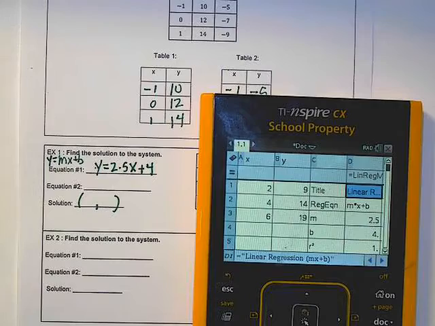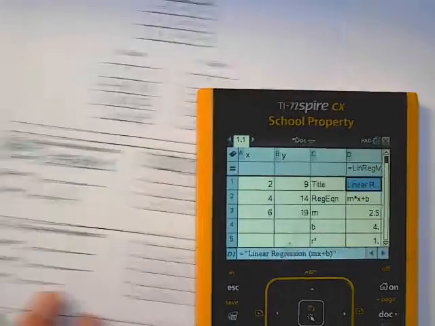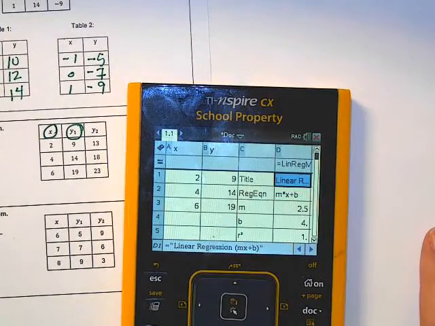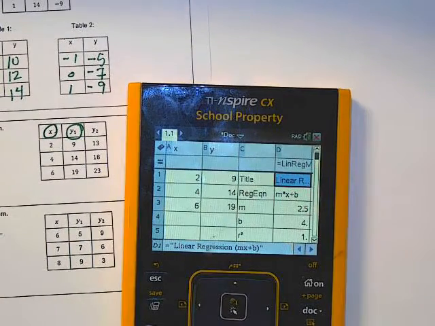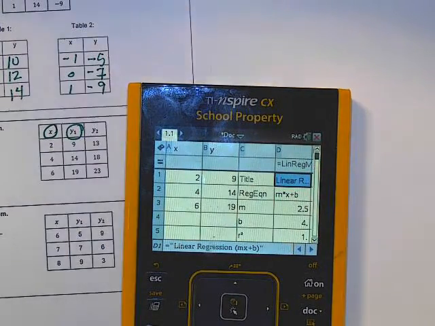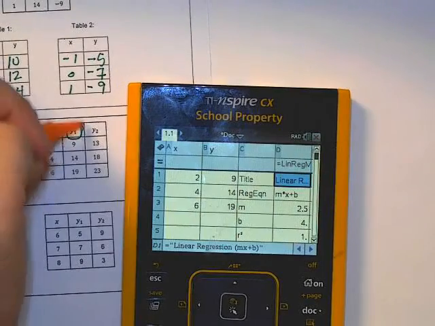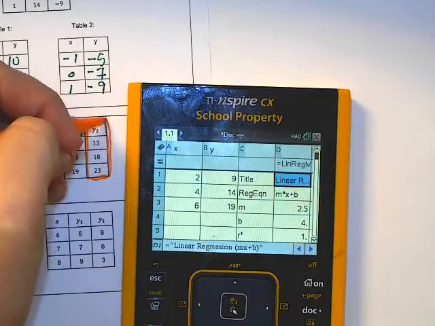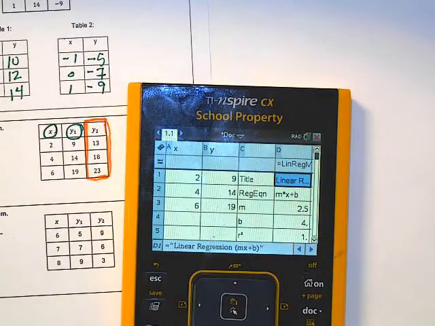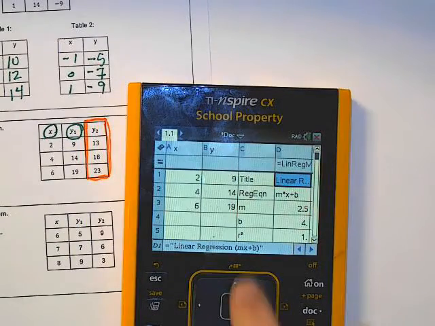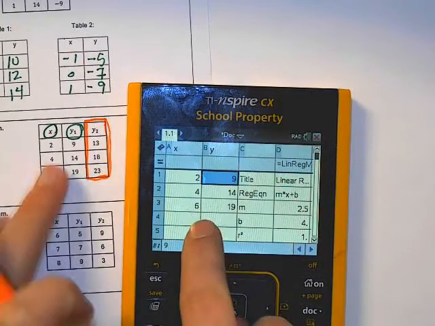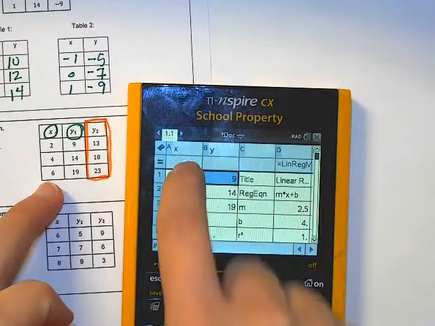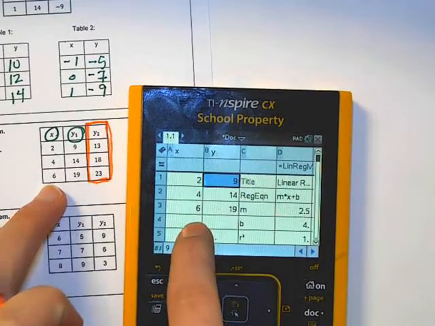Okay, now look what I'm about to do up here. Now I'm going to do equation 2. I don't have to start all the way over. I've already done the middle box. So now I'm going to plug in these y2s. I'm just going to change the y's because the x's, 2, 4, 6, are going to stay the same. The only thing that changes are my new y's.